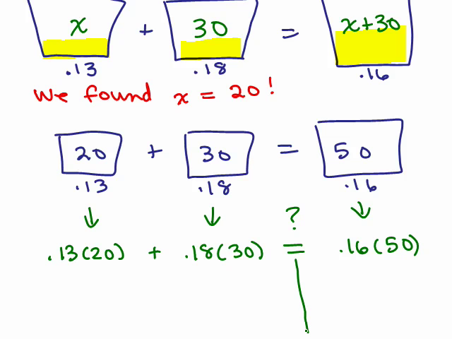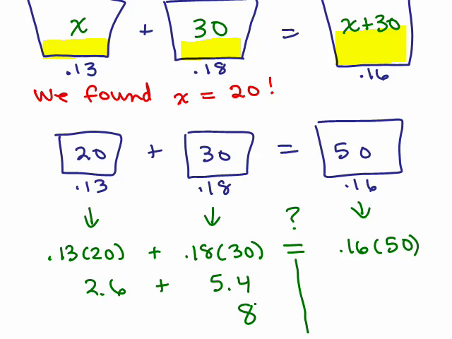So we have to do 0.13 times 20. And you could do that using a calculator or in your head, but it's going to be 2.6. And we have to do 0.18 times 30, and that gives you 5.4. So if you add 2.6 plus 5.4, that gives you 8.